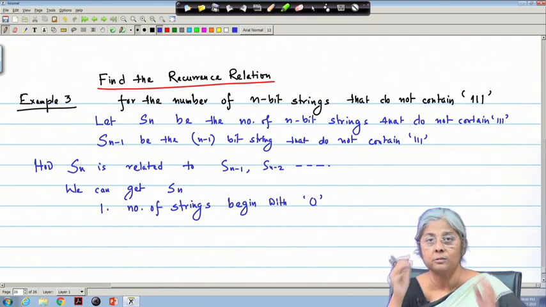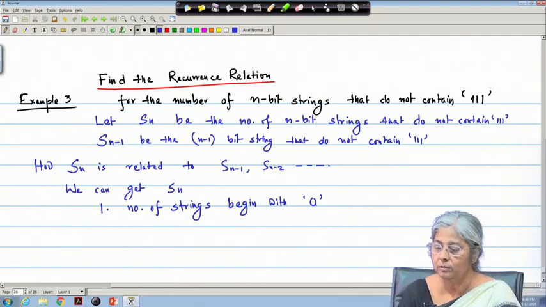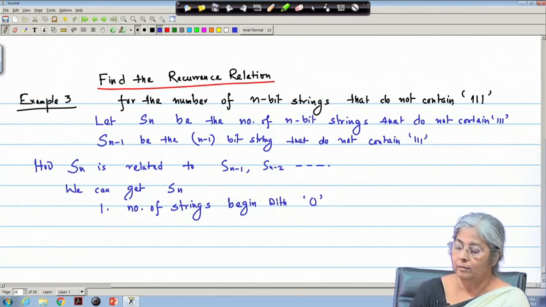If it begins with 0, then it will not contain the 111 pattern.